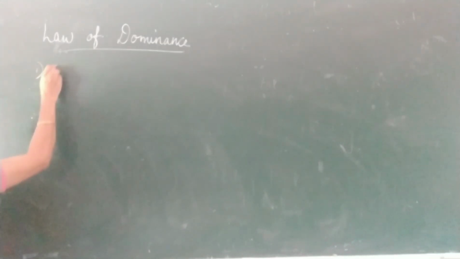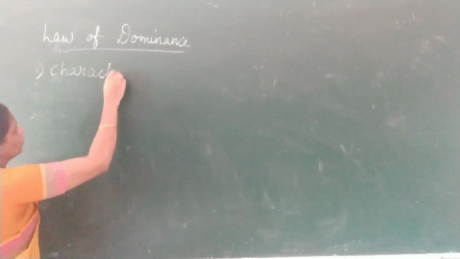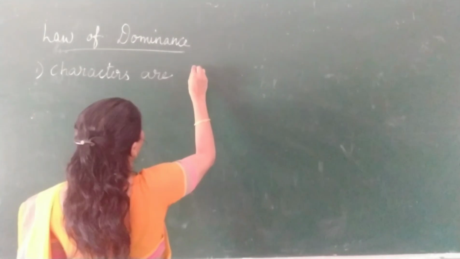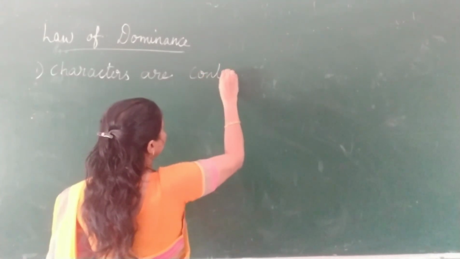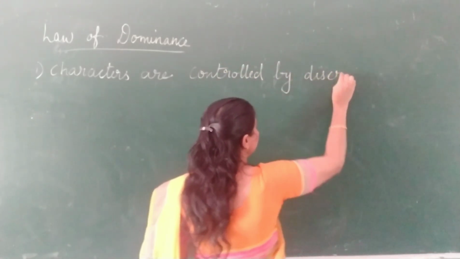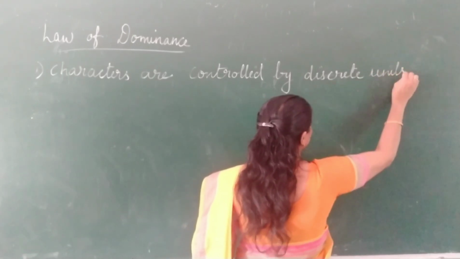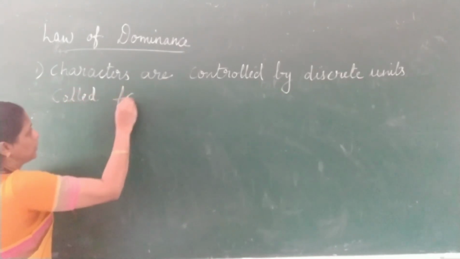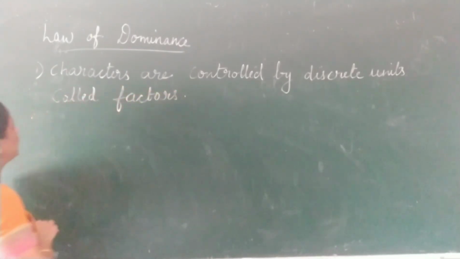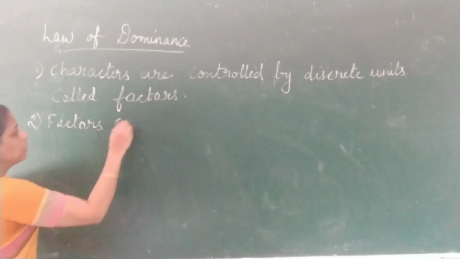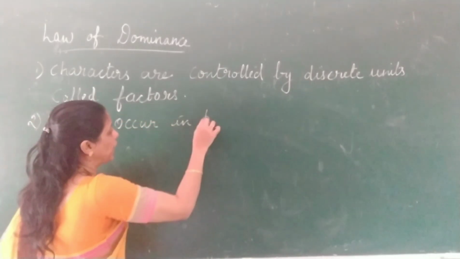The first point of law of dominance is characters are controlled by discrete units called factors. Second point, factors occur in pairs.